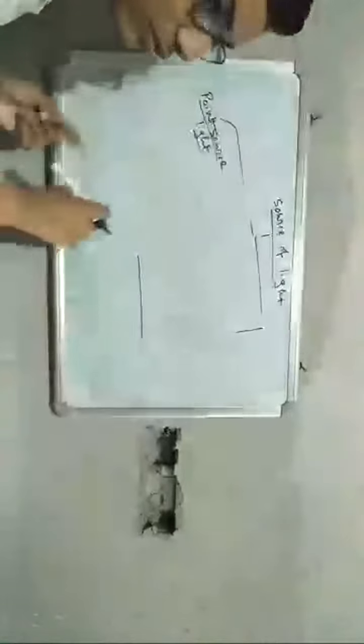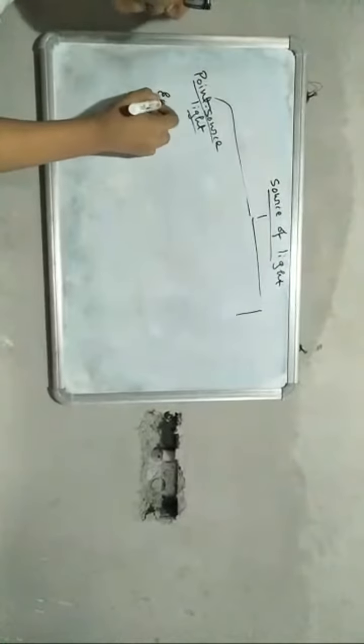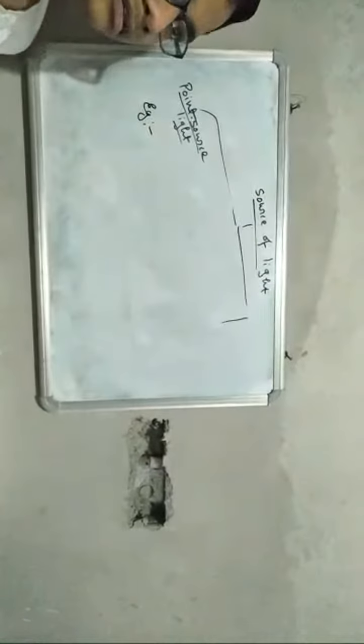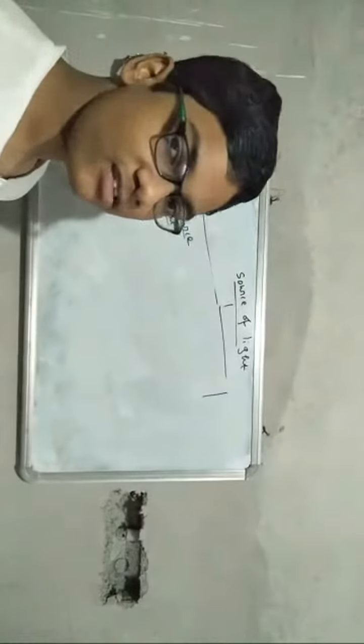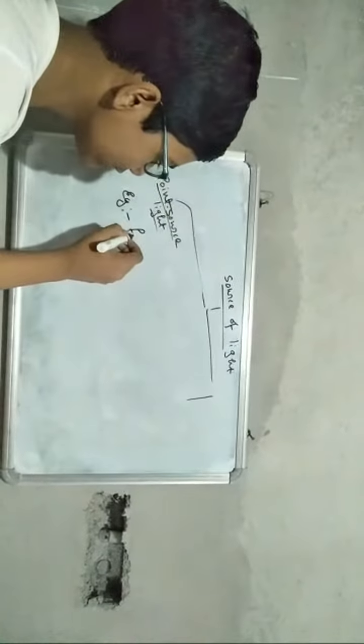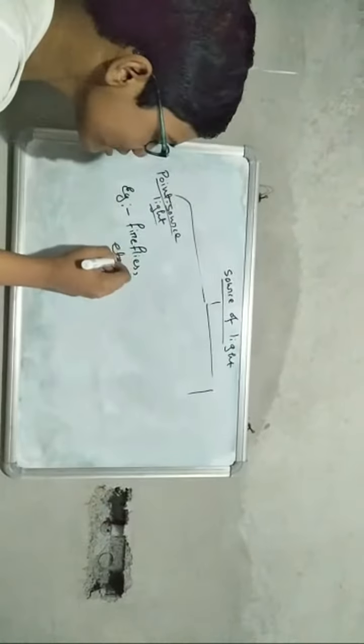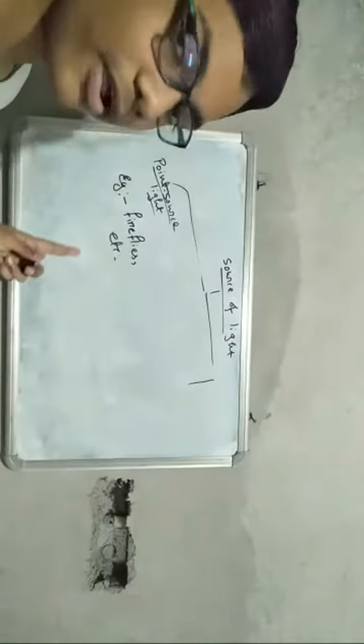Then only it falls in the classification of point source of light. If I give an example, the point from where fireflies produce the light, these are point sources of light only. Fireflies, etc.